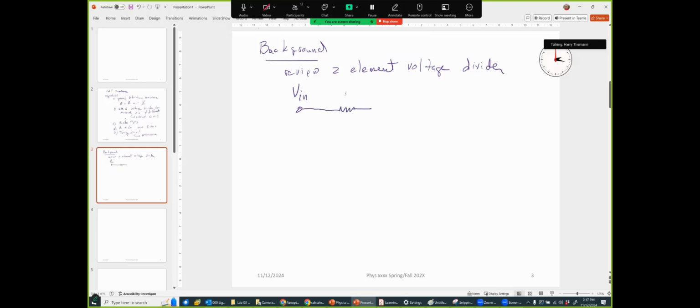We have some, and we're going to use the letter Z now, some Z-in. We have a V-out terminal. And then we have Z2. And that's the ground, the return. Of course, all voltages are referenced to some ground. This is usually left out, but that would be the black connector, for example, on the oscilloscope.